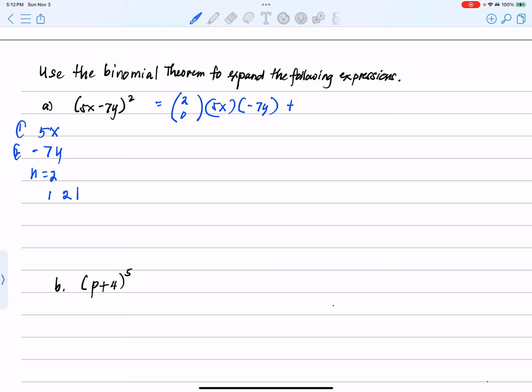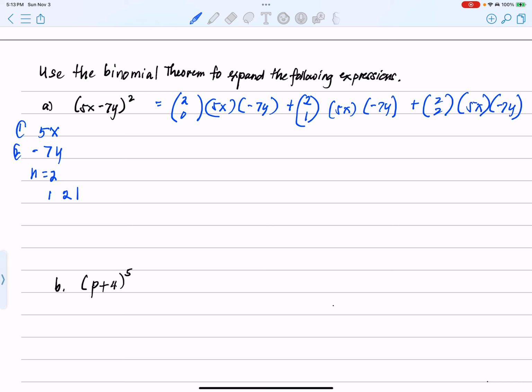And then move up to 2 choose 1, I will write the first term and second term. Then until I have 2 choose 2, first term, second term.